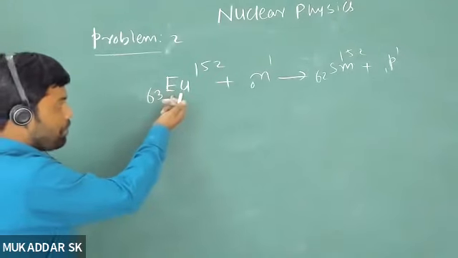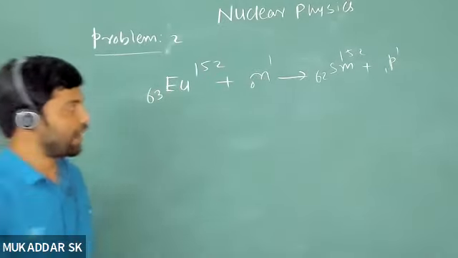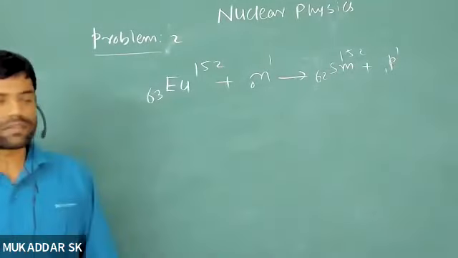You have a europium fusing with a neutron and producing SM nucleus with additional proton.